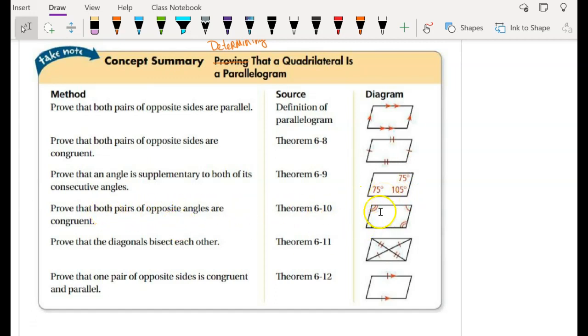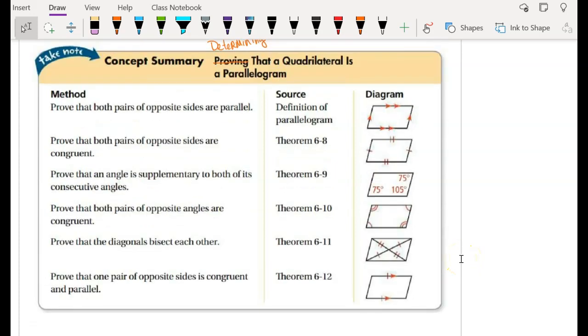If both pairs of opposite angles are congruent, then you have, guess what? A parallelogram. If the diagonals bisect each other, then you have a parallelogram. And finally, if one pair of opposite sides is congruent and parallel, then you have a parallelogram.